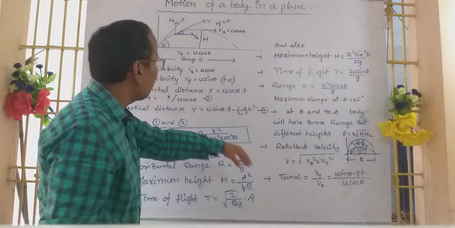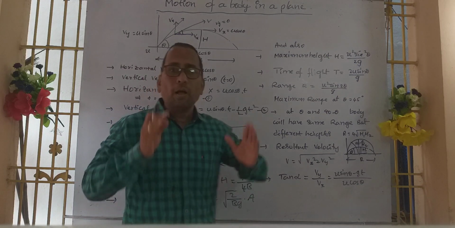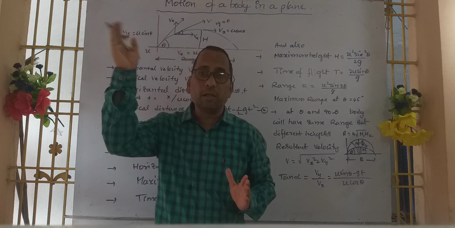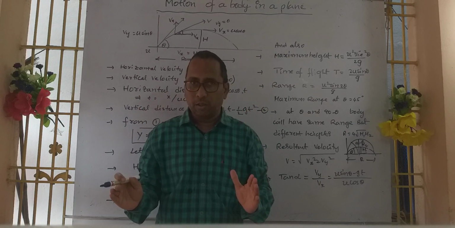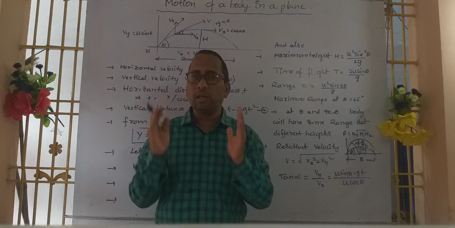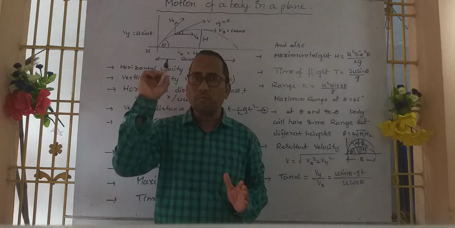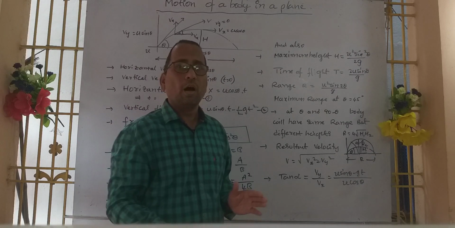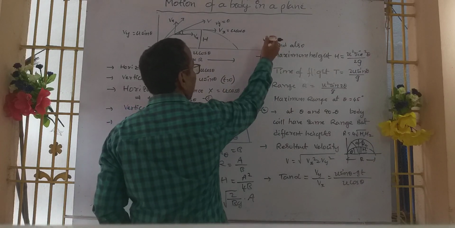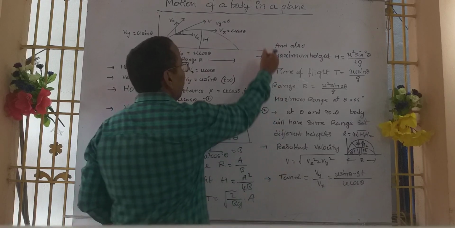That is a very, very important one, where alpha is the angle made by the resultant velocity with the x-axis. In other words, alpha is the angle between V and Vx. V is the resultant velocity, Vx is the horizontal velocity. That is the concept. Next we go and solve the problems.